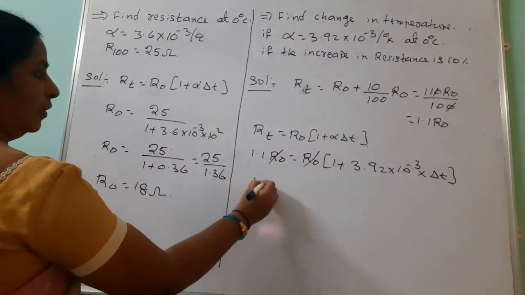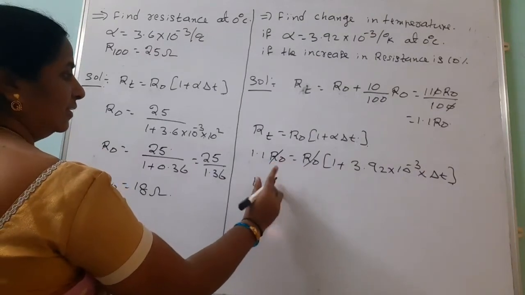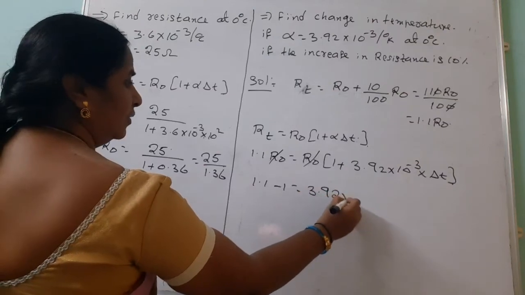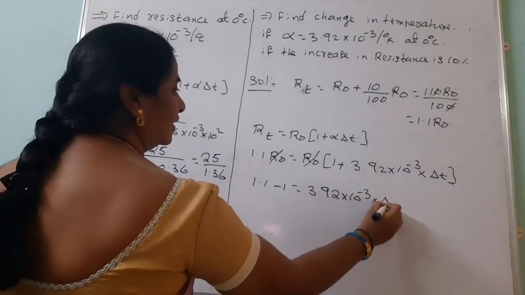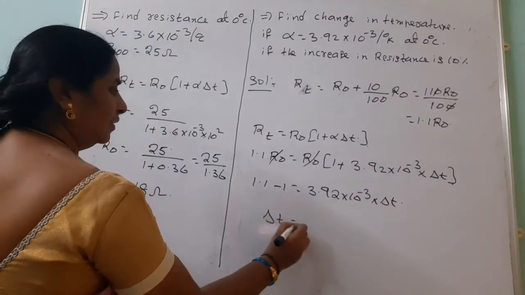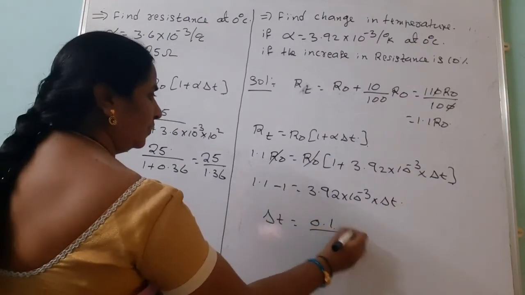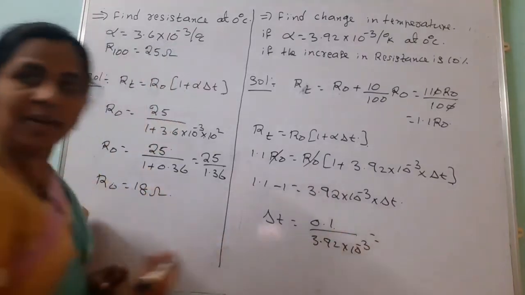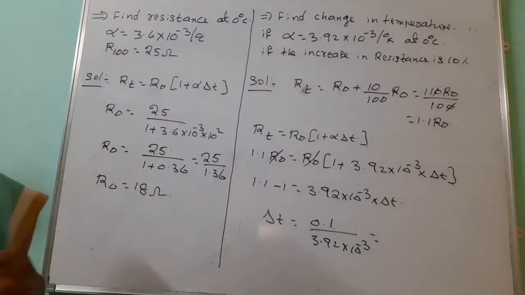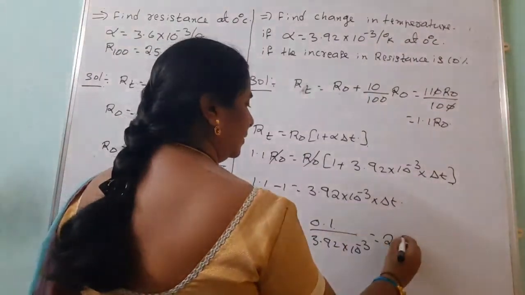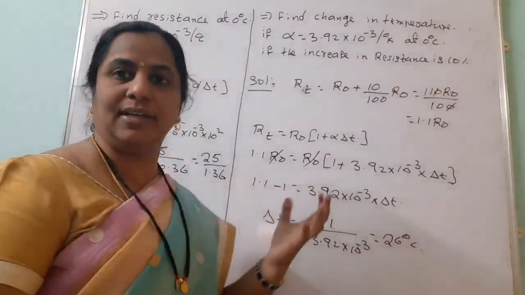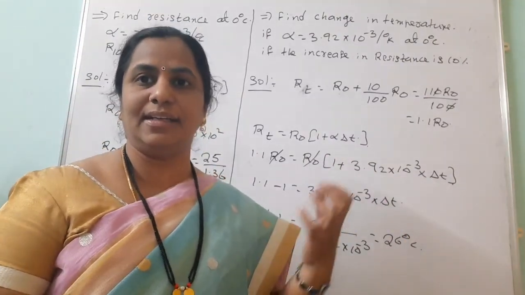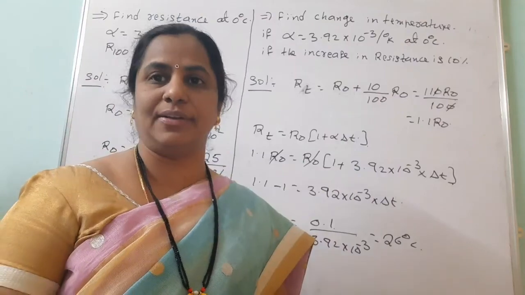So 1.1 when we send the 1 across, minus 1, equals 3.92 into 10 power minus 3 into delta T. From this, delta T equals 0.1 by 3.92 into 10 power minus 3. Approximately we are getting this value as 26 degrees centigrade. So based on the given data we can find the initial resistance, or the resistance at T degree centigrade, or the temperature coefficient of resistance of a particular material.